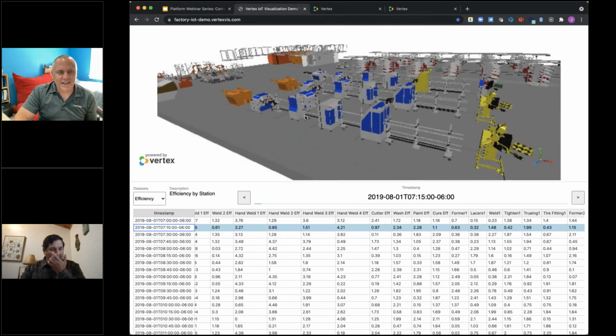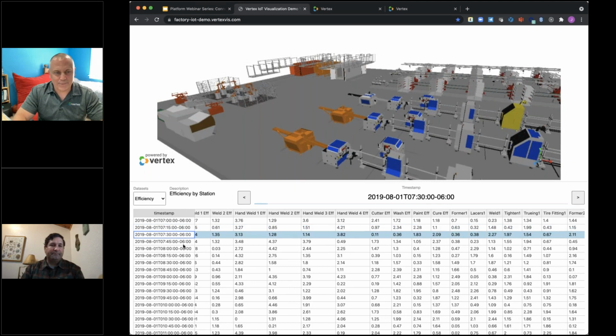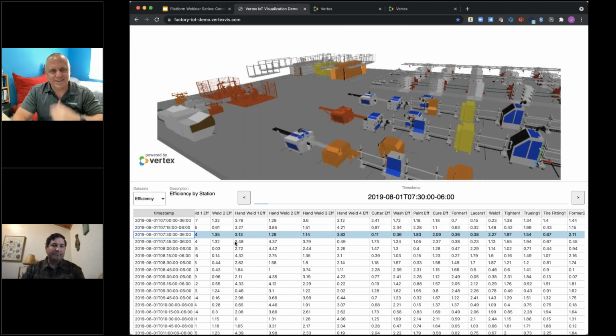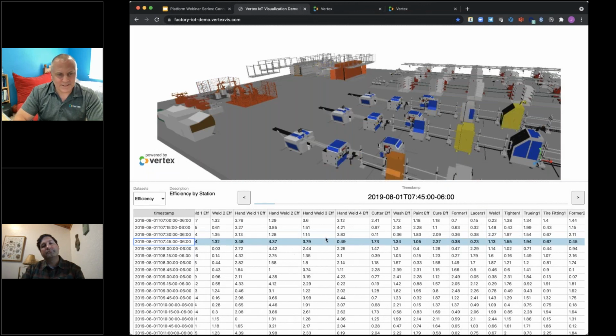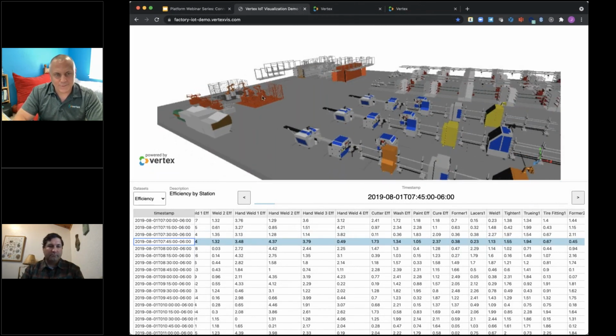So if you notice, you're able to go in, have your full factory layout, and then as I step through these rows of sensor data, you'll notice that what we've done is we've taken the incoming information, in this case through AWS SiteWise, and we've mapped the 3D geometry to the sensor data so that you can see, during this event, we had stress, the robots were stressed, or the other areas were working fine.